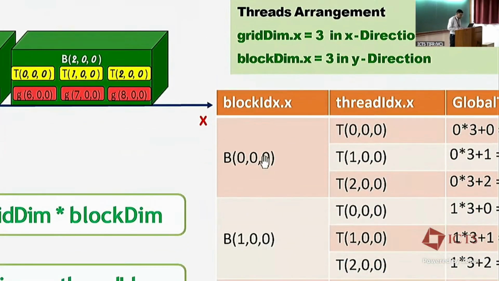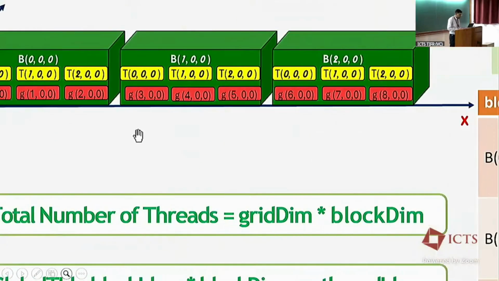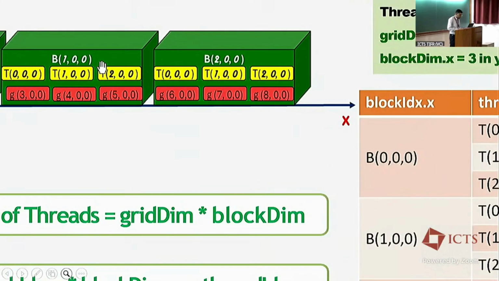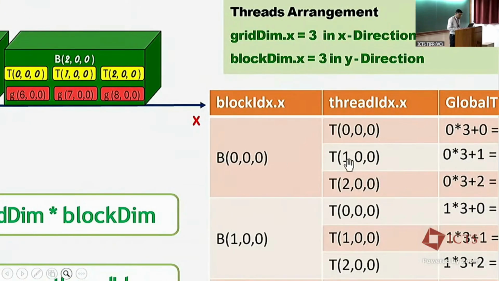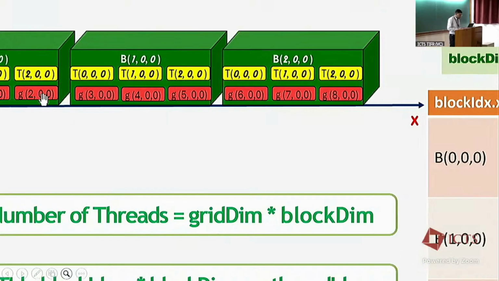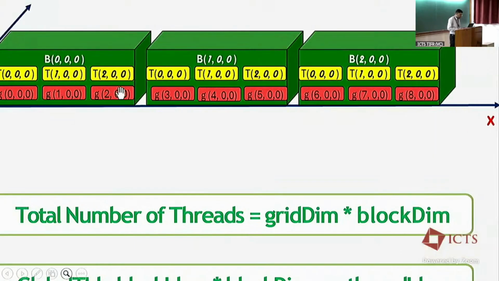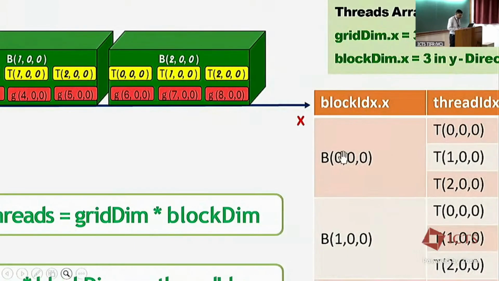Suppose we take the first block, that is block 0. How many threads? 3 are there. So the first thread is T000, then T100, then T200.